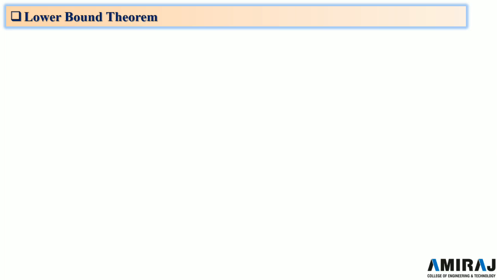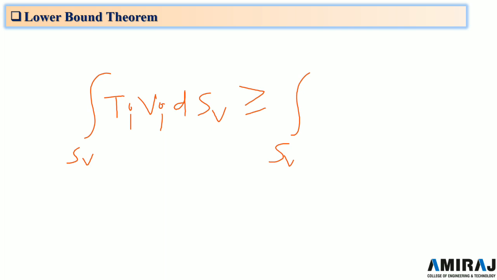In other words, it gives a lower bound on the load, and the equation for this is the integral over SV of Ti Vi dSV greater than or equal to the integral over SV of Ti star into Vi dSV.